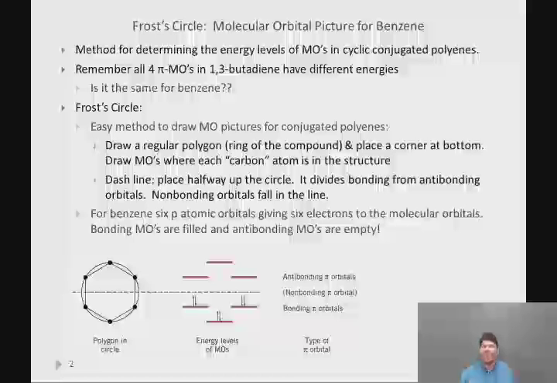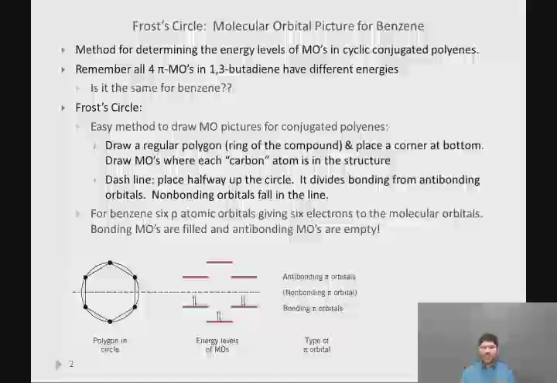But the circle is actually not necessary for being able to do this diagram. Then, if you just look at where each carbon atom is in the structure of your polygon, you simply draw a line corresponding to molecular orbitals at the location of each carbon atom.